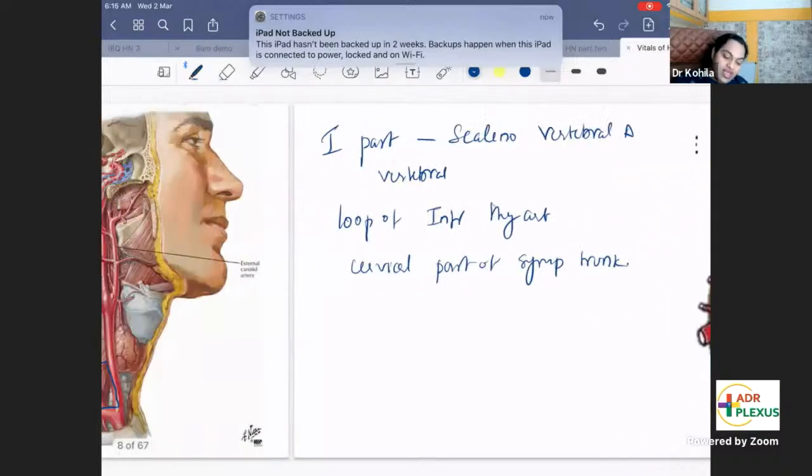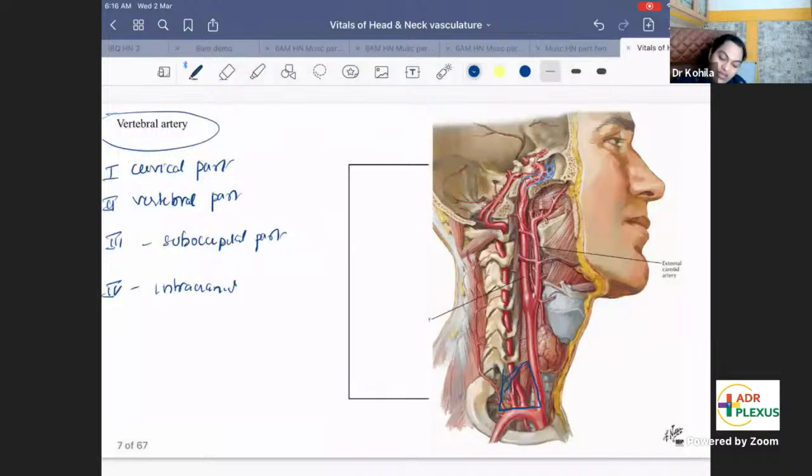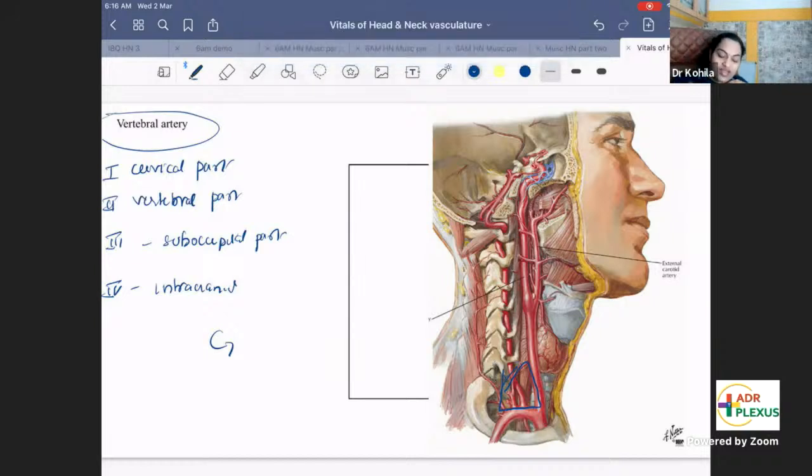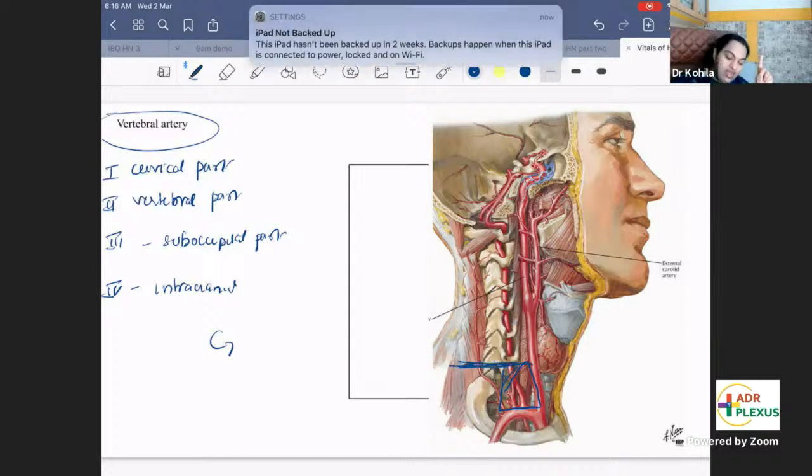Yes. Second part. Second part is the one that you see here. As I told you, there are 7 cervical vertebrae. But the 7th cervical vertebra usually will not have a foramen transversarium. Okay. And the second part, keep in your mind, they've asked it again, is from the foramen transversarium of C6 till C1, C6 to C1, right?